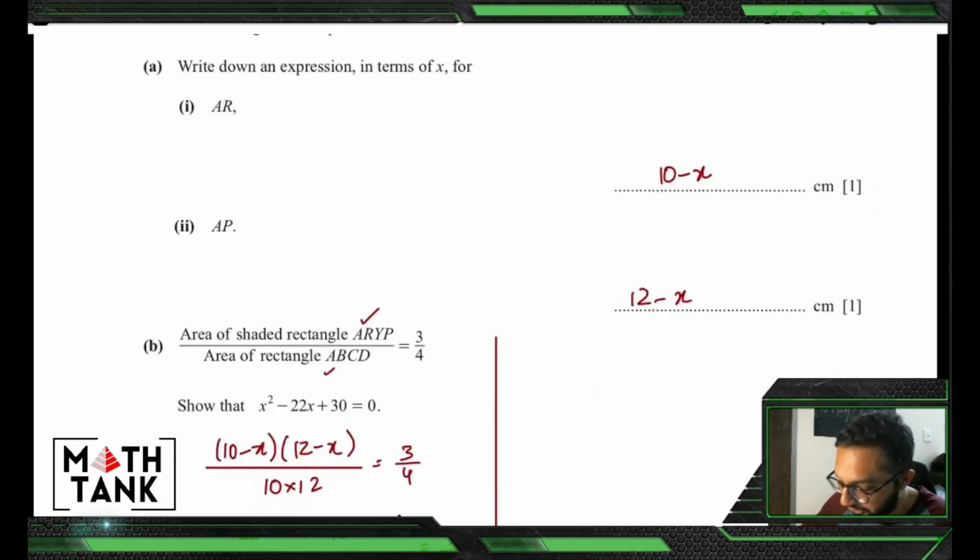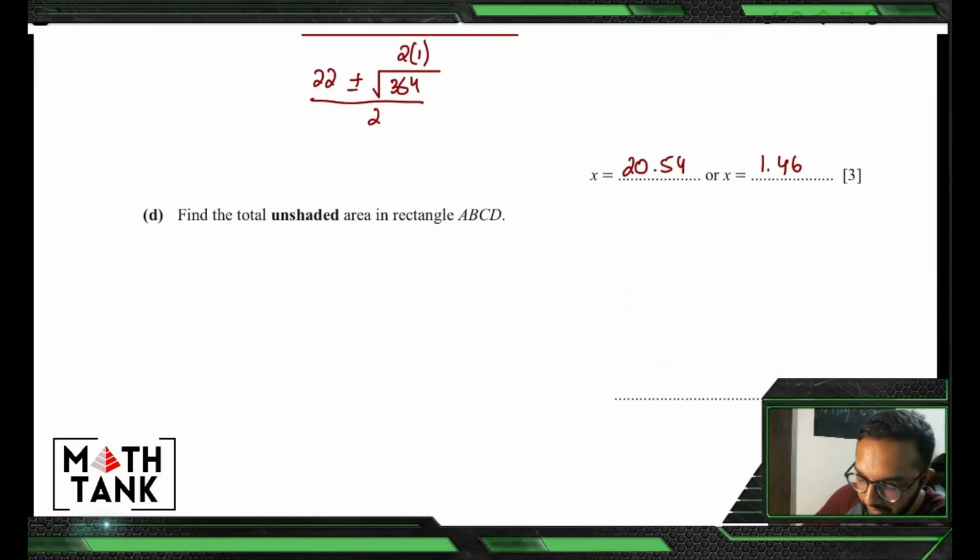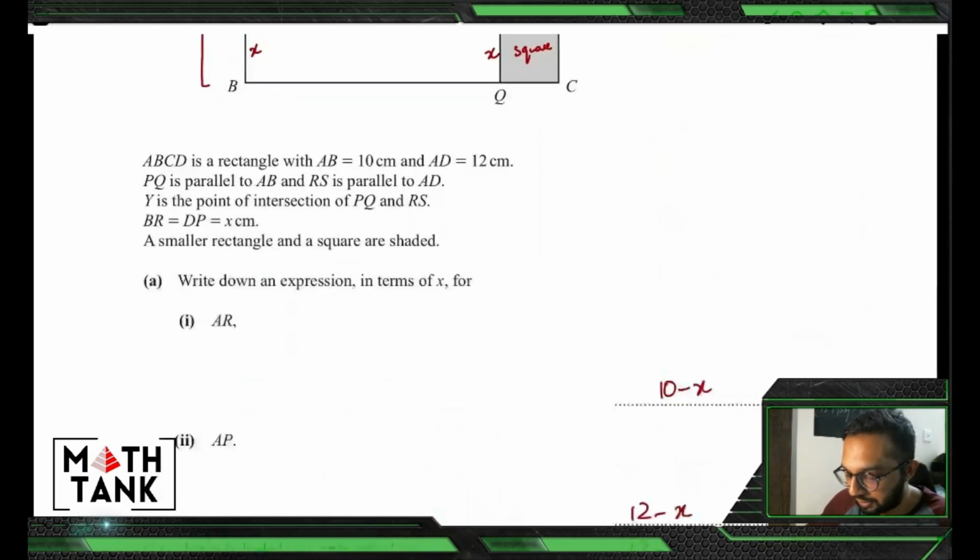So that means that I cannot take 20.54. I need to take 1.46. Area of unshaded is then very simple. It's just 10 into 12, which is the total area, minus the area of the rectangle. So 10 minus 1.46 into 12 minus 1.46 minus the area of the square. So the area of the square was x by x.